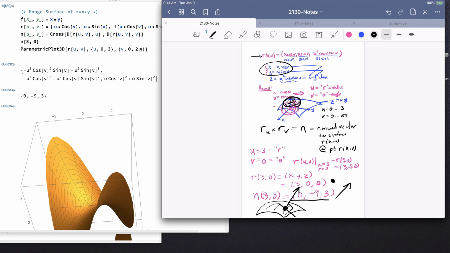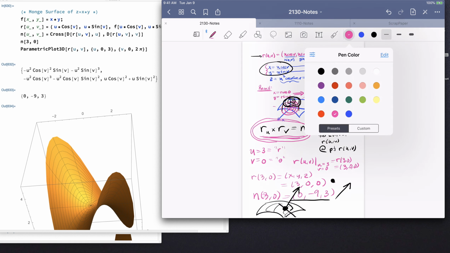Okay, so it's kind of complicated, but I just wanted to show that the same formulas that hold for the Monge parameterization hold for general parametric surfaces, that r_u cross r_v is one of the two normal vectors.